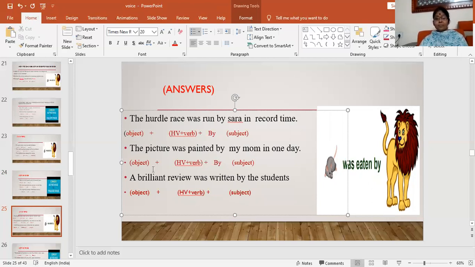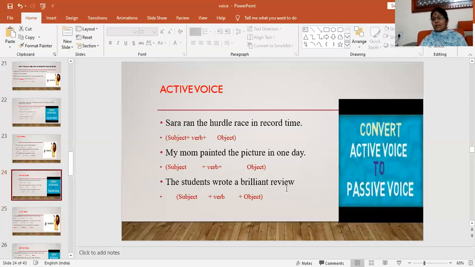Right? Now let us look at another sentence. The students wrote a brilliant review. Now why are we doing this? From simple sentences, we are going to a little more complex sentences, so that we learn how to change them, right? The students wrote a brilliant review. The students is subject, wrote is verb, a brilliant review is object.